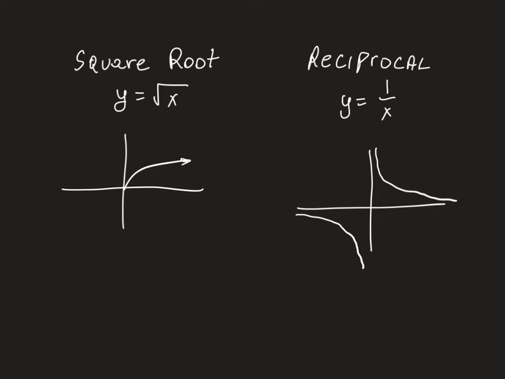We also have a horizontal asymptote. Notice the value of x cannot be 0. Therefore, we have the vertical asymptote. Another thing to point out is the domain and range of this function, which is all real numbers except for 0, for both domain and range. Domain and range cannot be 0.